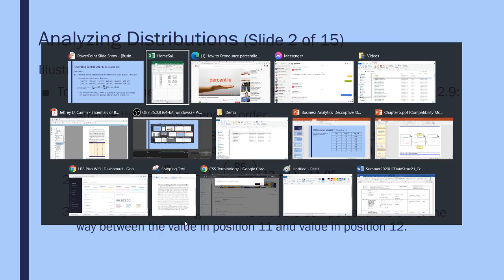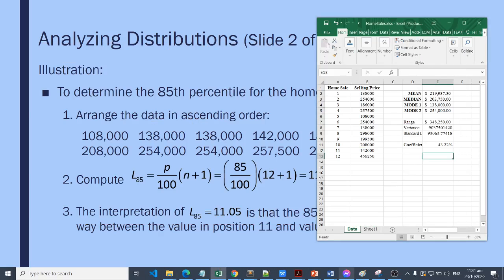So we have here the illustration of the percentile.